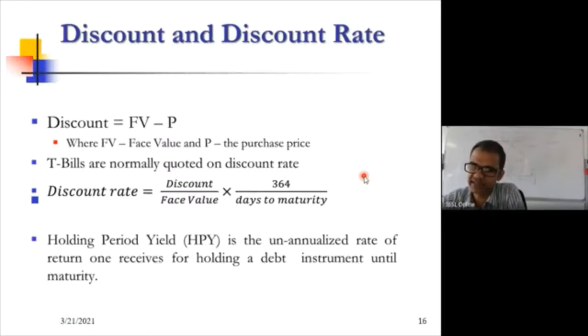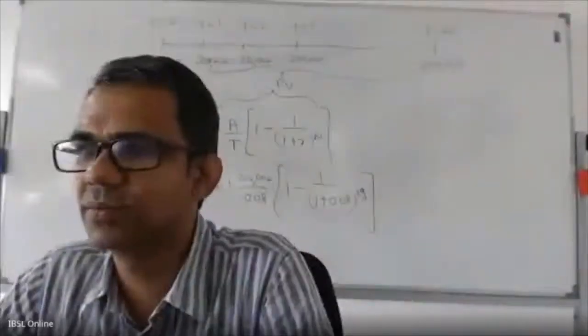On the other hand, that's the amount that you, as an investor, are going to receive on the maturity date. Price is the amount that you pay to buy that instrument. Okay, so that is price. So I'll switch to the board now.